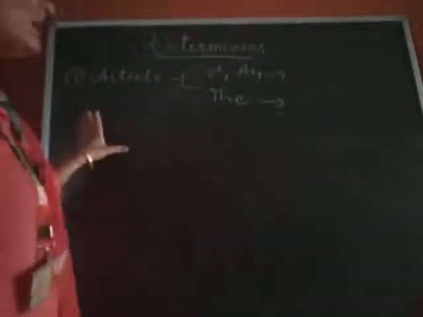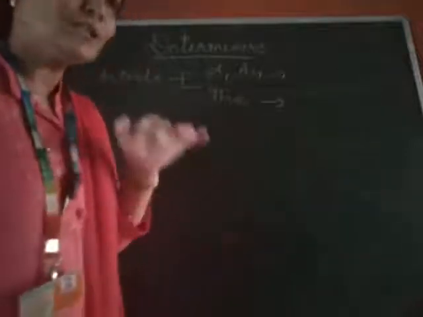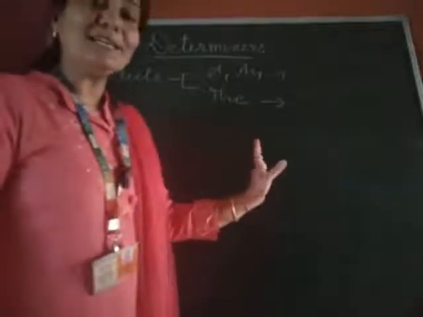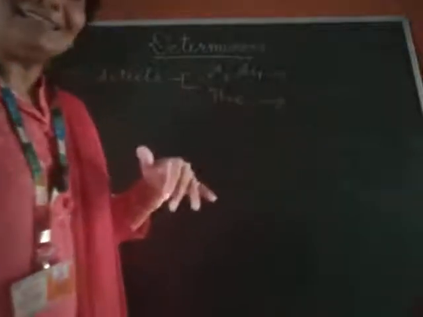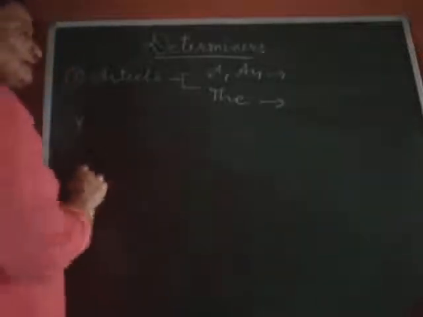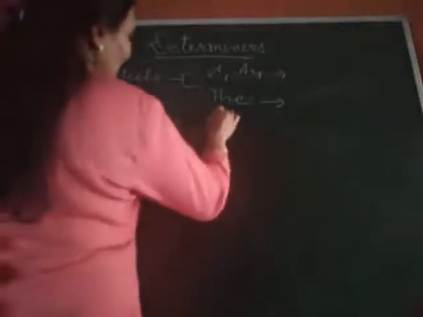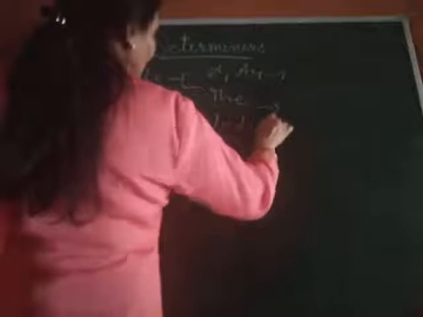So before a consonant sound we have to use a, and before a vowel sound we have to use an. Here we will use an. Clear? So like this, in all the sentences we have to check the pronunciation, the sound of that noun before which there is a blank space. We have to use the determiner there. Clear?